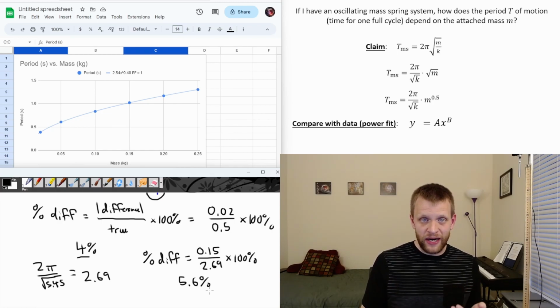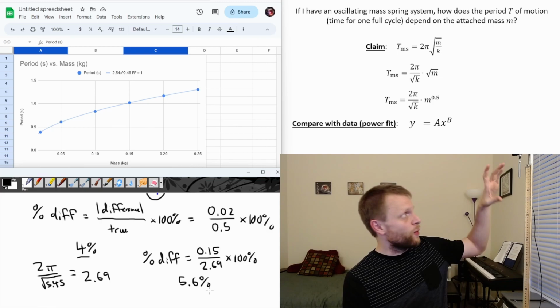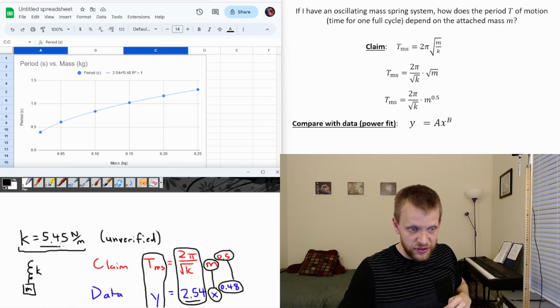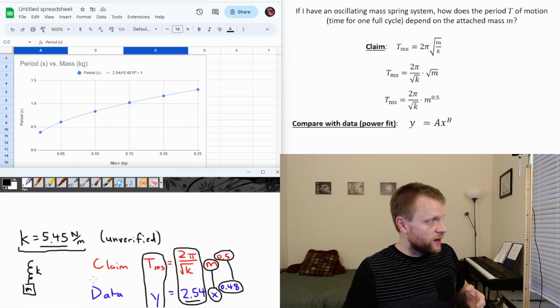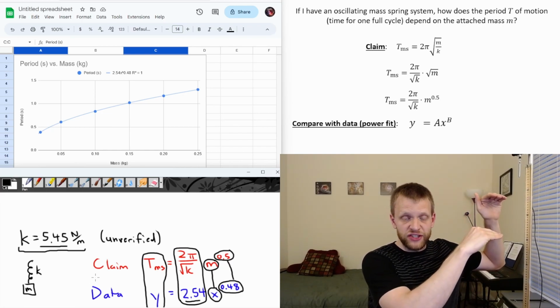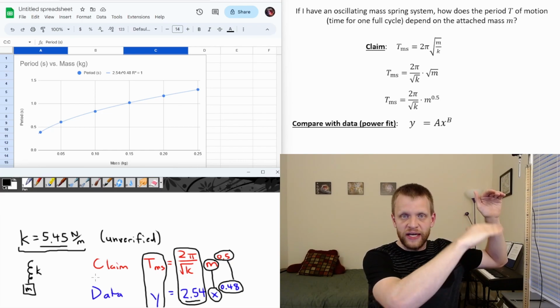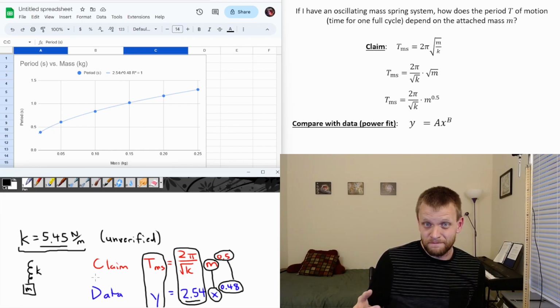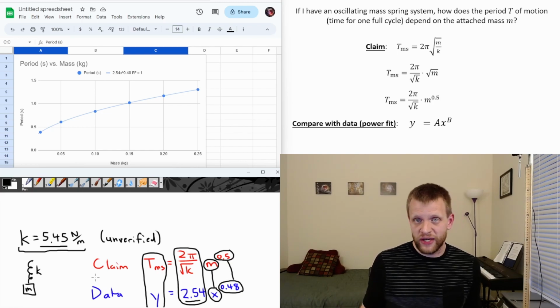The measurement errors in our data, in how I was measuring the lengths of the spring in the previous video to actually get these spring constants, limitations in how accurately I could actually time those 10 oscillations to get the periods of motion. There's only so accurate that we can be in the experiments.